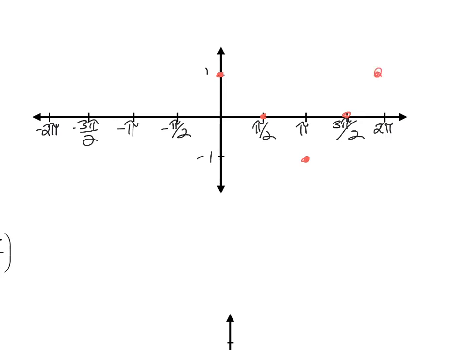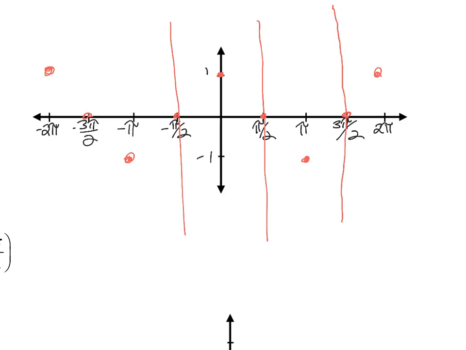Keeping our roller coaster shape, we have these points. Okay, so that's my underlying cosine function. Now I lay down my asymptotes through the zeros. Okay, and there we go.